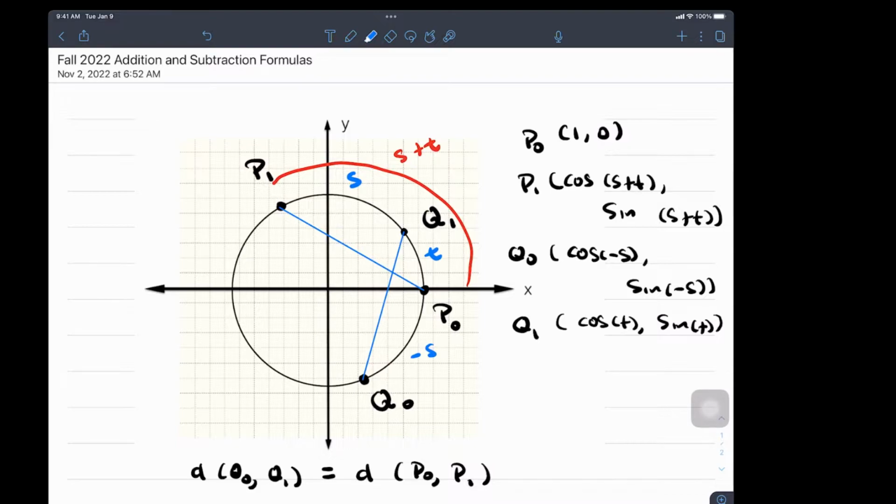Well, here's what we're going to work on. We're going to work on what's called the addition and subtraction formulas. So we do have some addition and subtraction formulas. Let me get out my notes here. But as you guys can see, maybe you want to copy that picture.